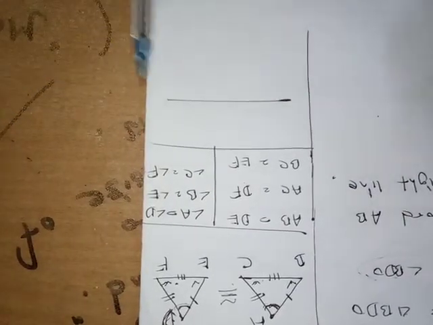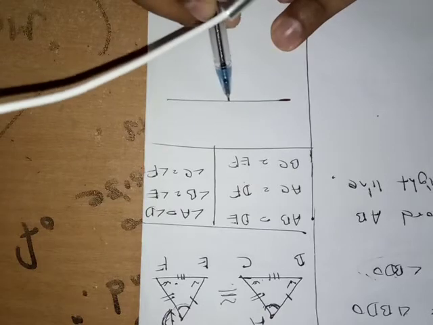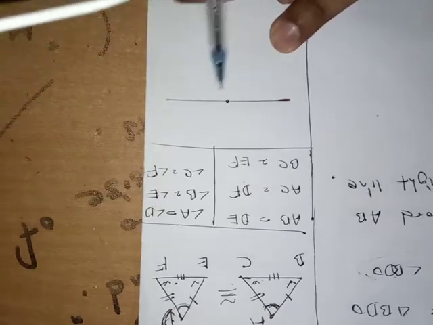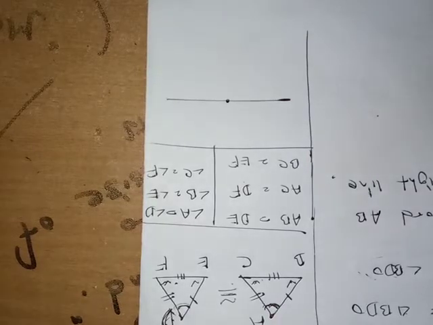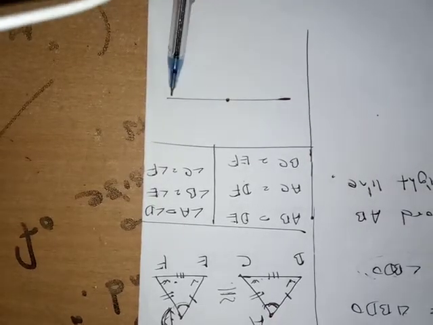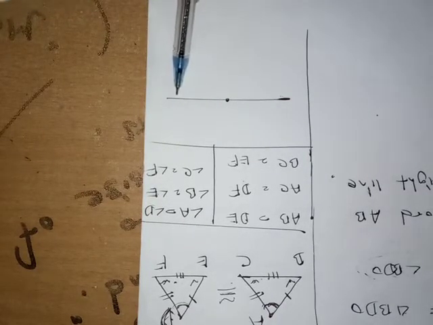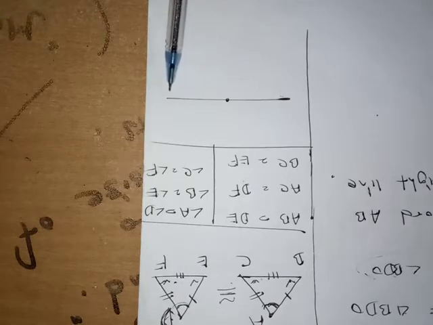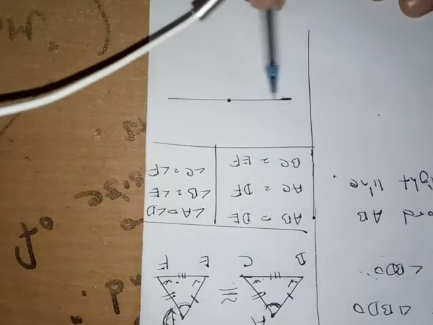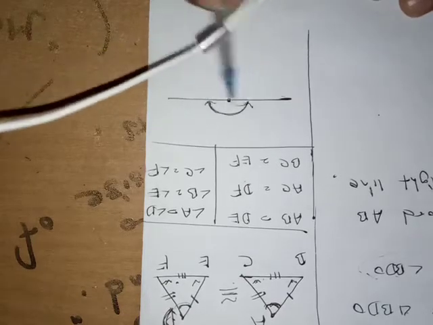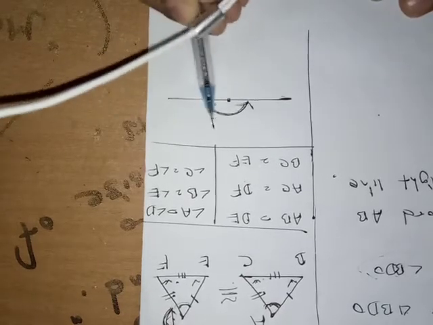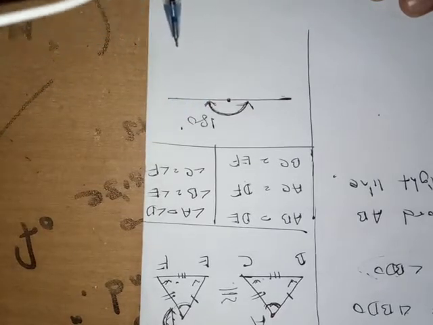This is a straight line, and I have taken a point on that straight line. Since every point on a straight line creates an angle of 180 degrees, this point on this straight line creates an angle of 180 degrees.